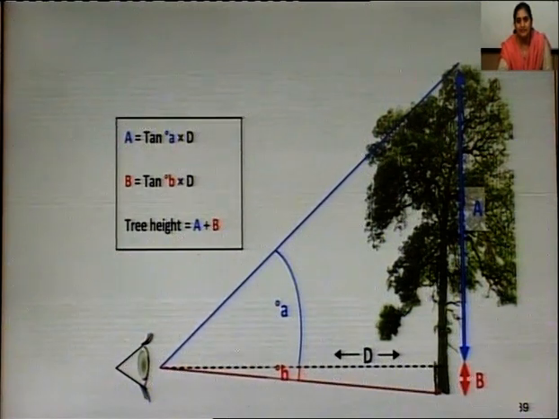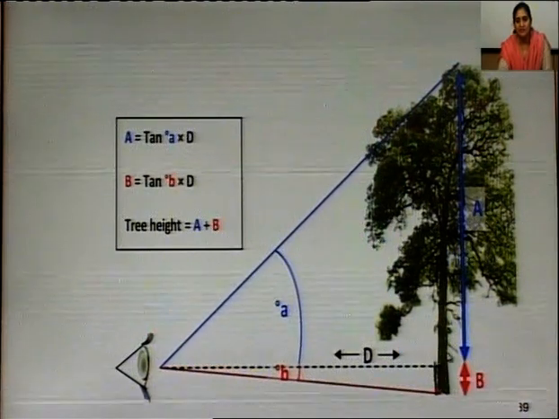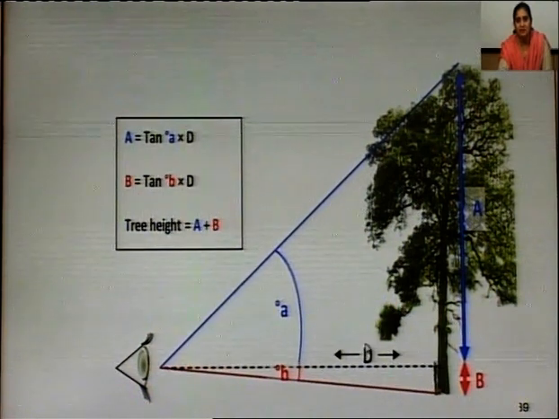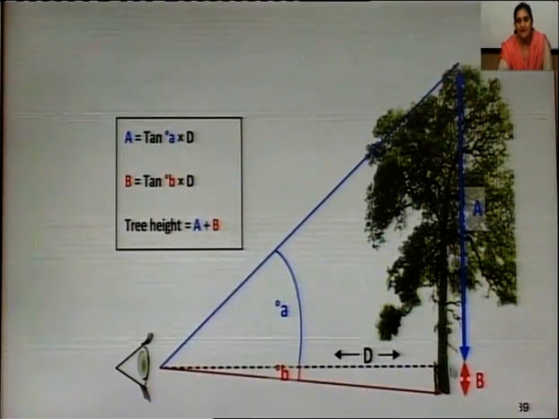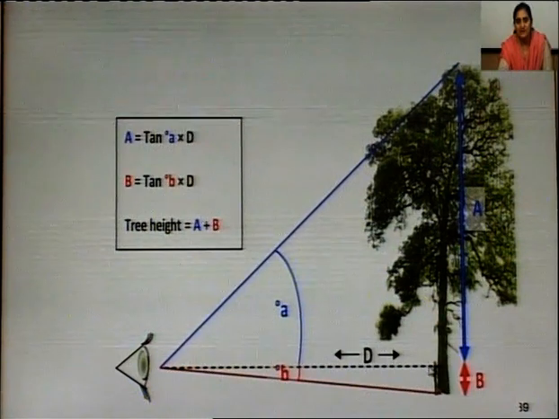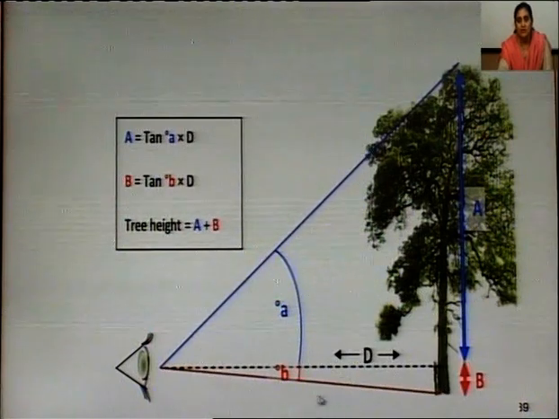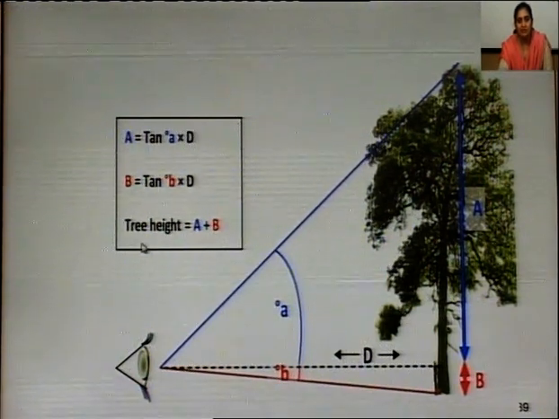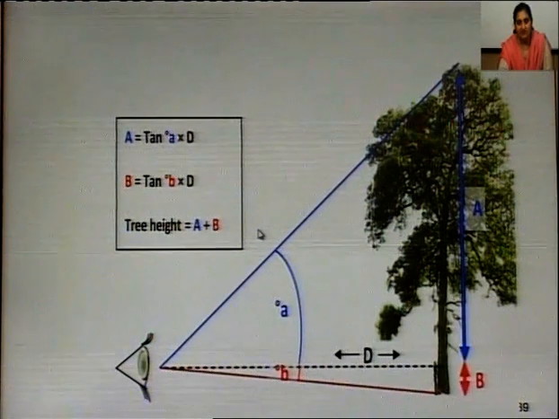If this distance is D, the distance of the tree from the eyes of the observer, then A by D is equal to tan A degree. So A is equal to D tan A degree. And similarly we take the help of this triangle where the angle is B degree. This is again a right angle triangle. So B is equal to D into tan B degree. So tree height is equal to A plus B. So we will add these two heights to get the height of the tree. So in this way we can find the height of the tree.